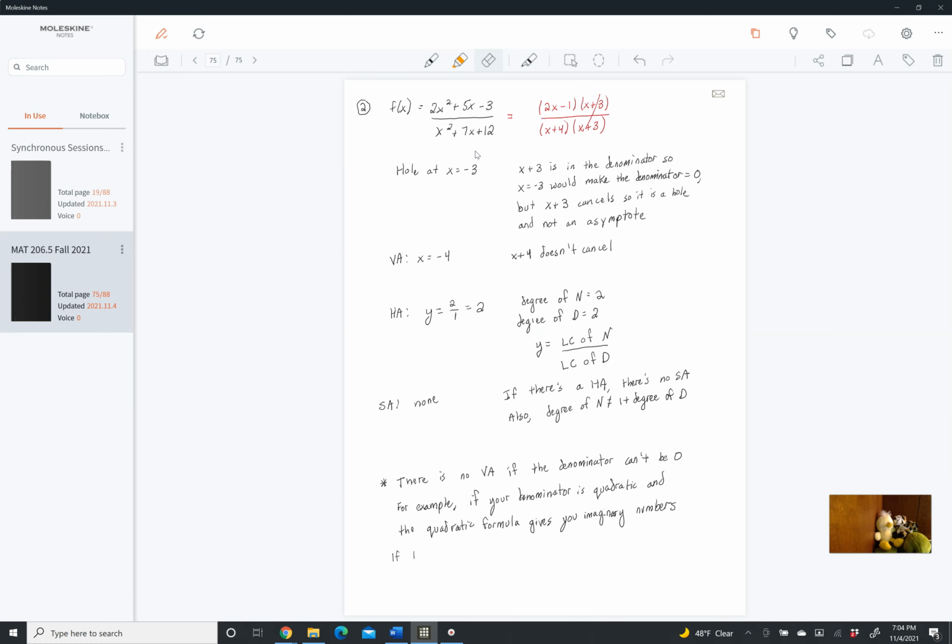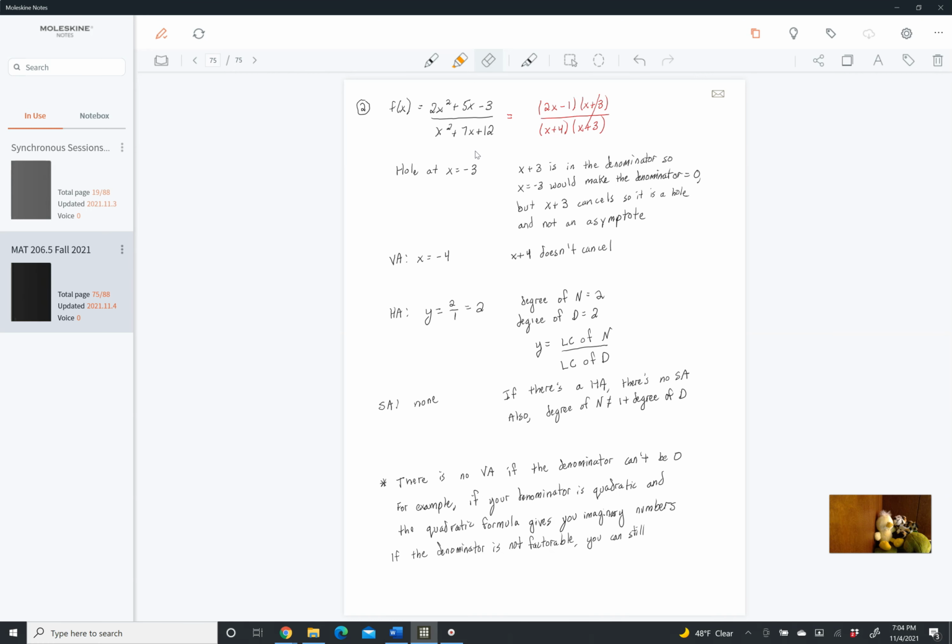If the denominator is not factorable, you can still have a vertical asymptote.